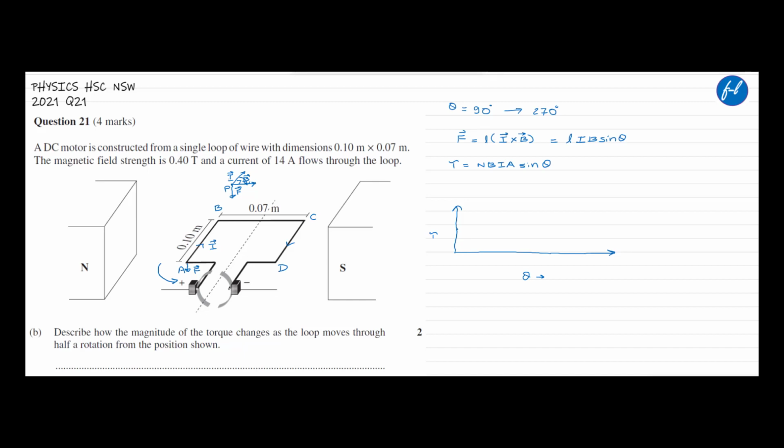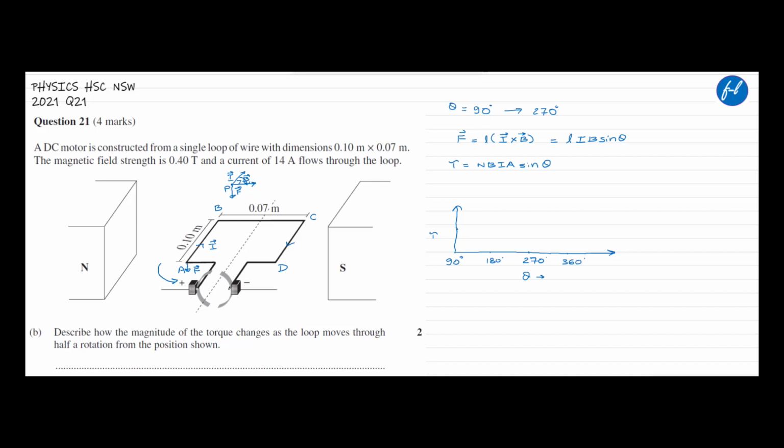Since the initial position is given as theta equal to 90 degrees, we start at 90, then this will be 180, add another 90 to make 270, and finally one more to make 360. So we have to plot it from 90 degrees till 270 degrees.